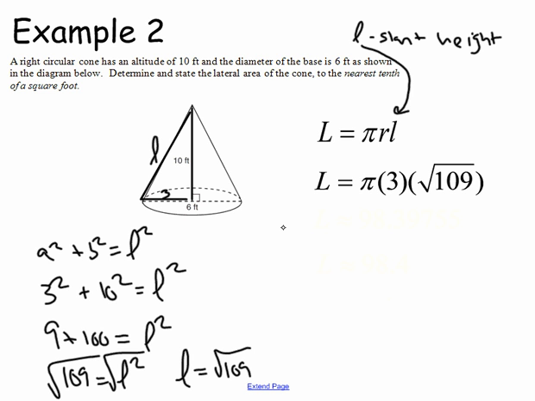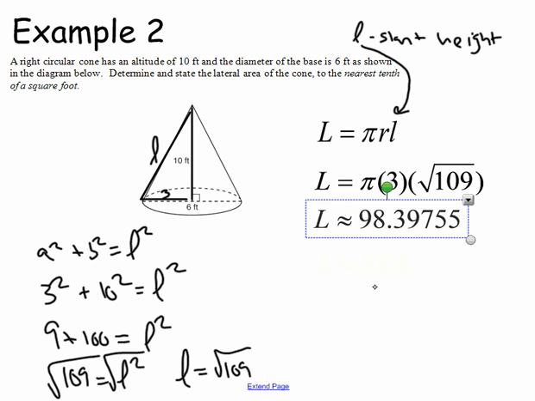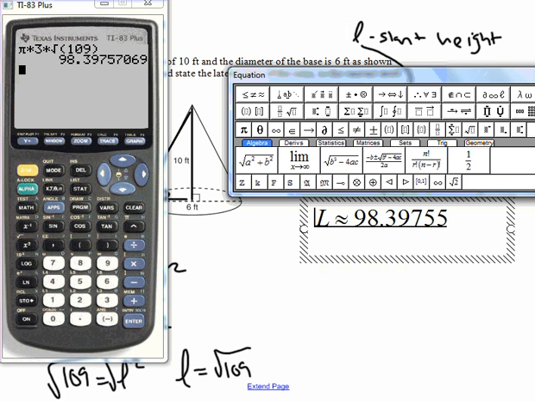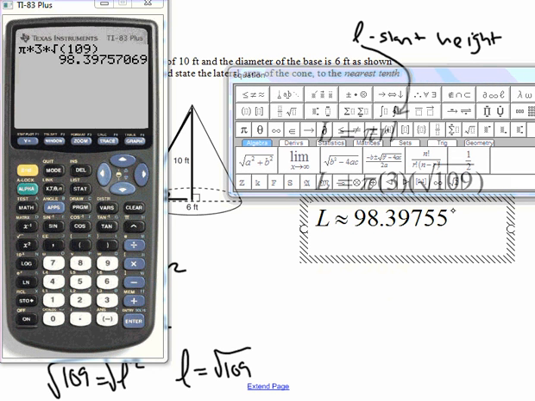So when you multiply all this out, the pi times the 3 times radical 109, you should get approximately 98.39757. If you're having trouble putting that in a calculator, all you really have to do is type in pi times 3 times the square root of 109, close the parentheses, and you get that.